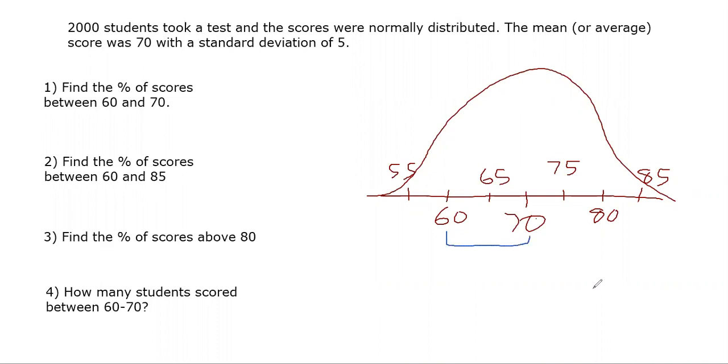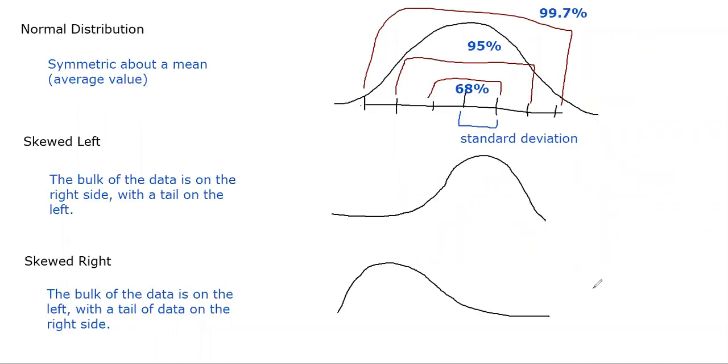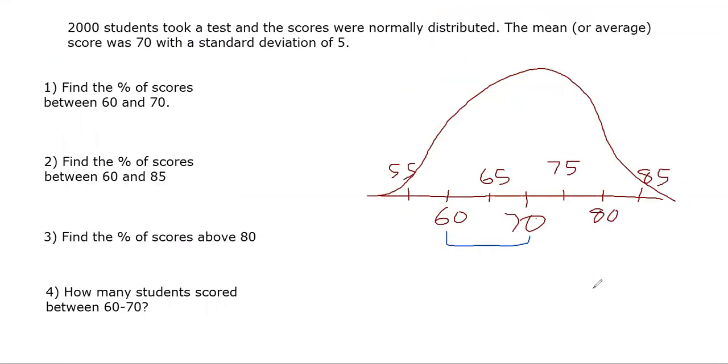Now, if we look back to this normal distribution on the prior board here, I know that 68%, 95%, and 99.7% of data lands between certain standard deviations. So if I come over here, I can fill in those same percentages for my curve.